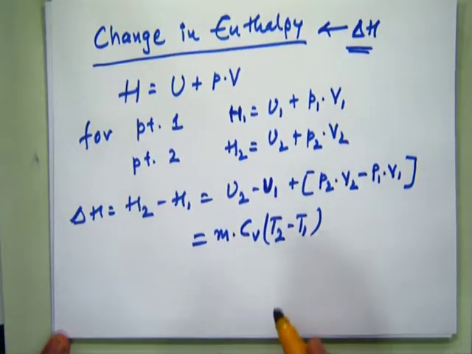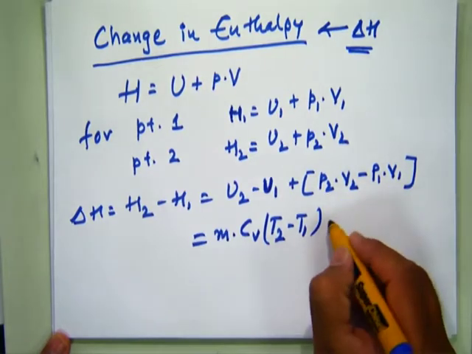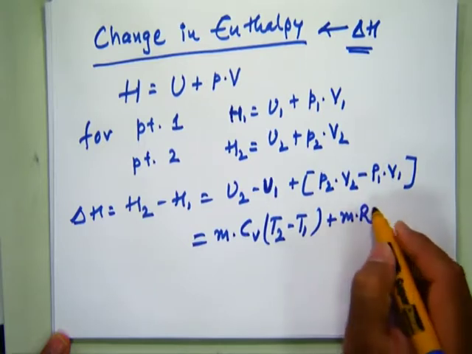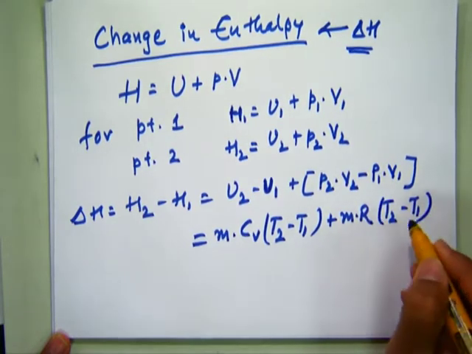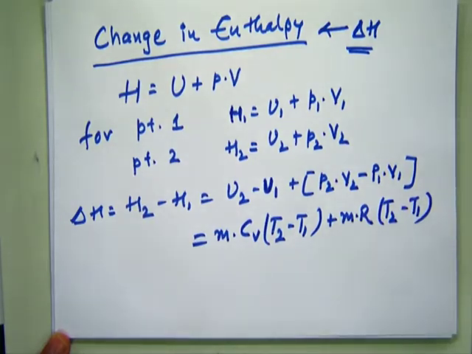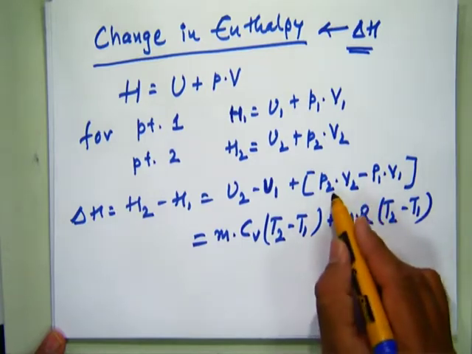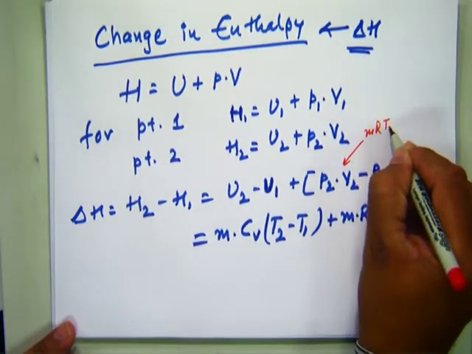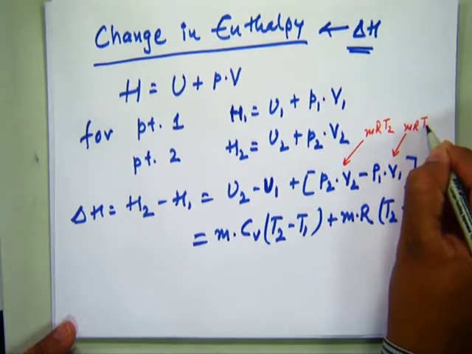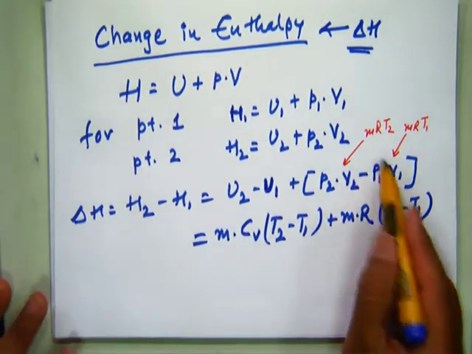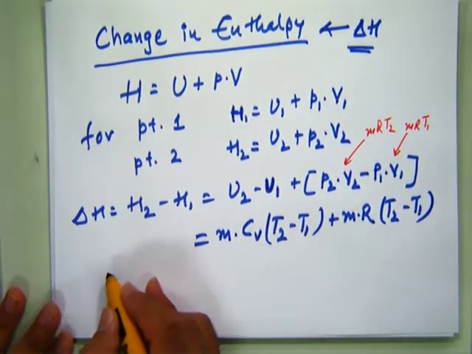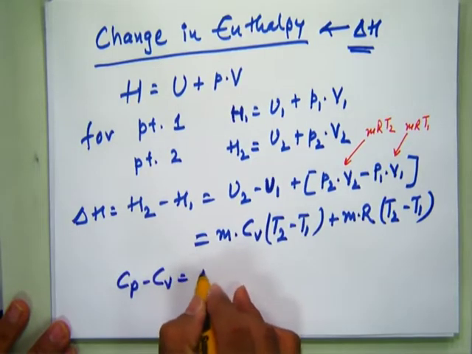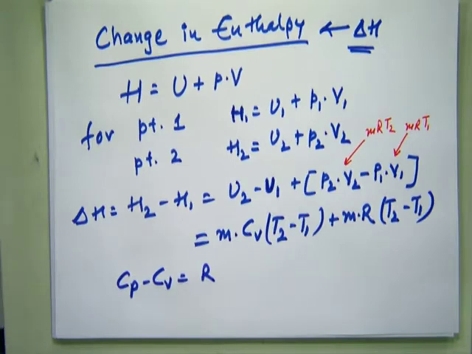And P2 V2 minus P1 V1 you can write as m into R (T2 minus T1), because we have the relationship P2 V2 is equal to mRT2 and P1 V1 is equal to mRT1. We also have Cp minus Cv is equal to R.